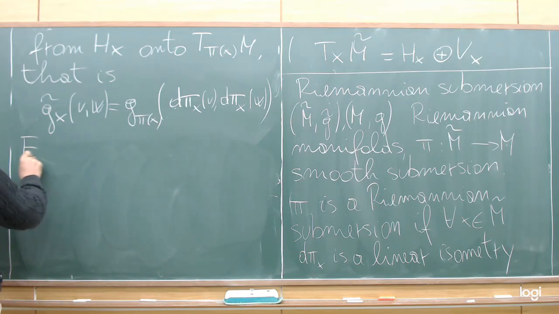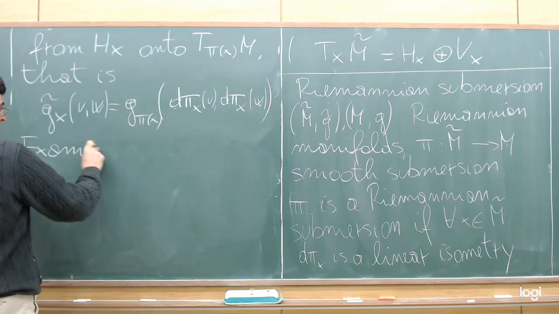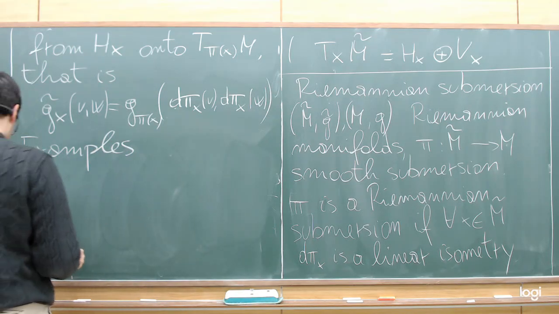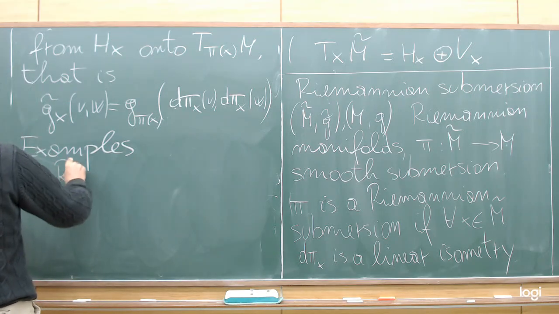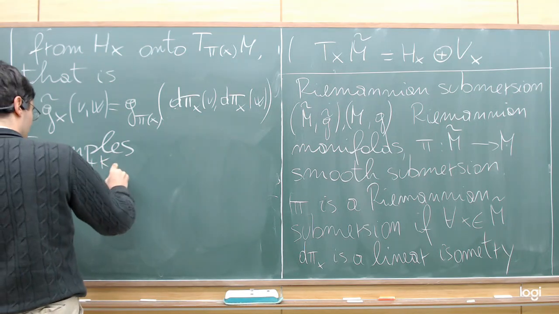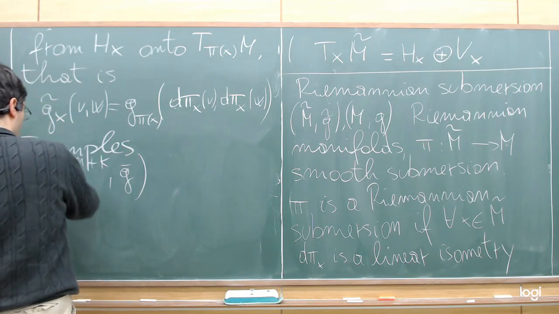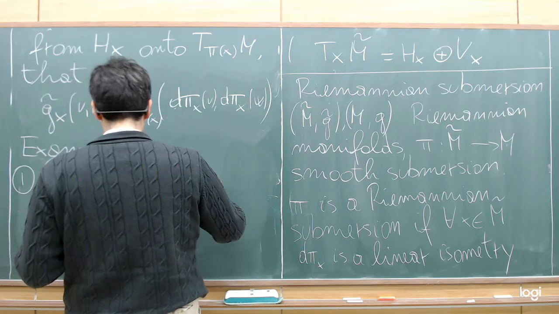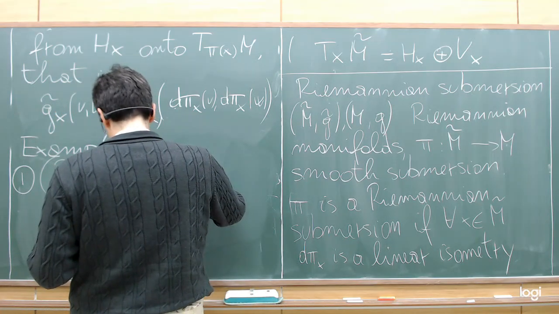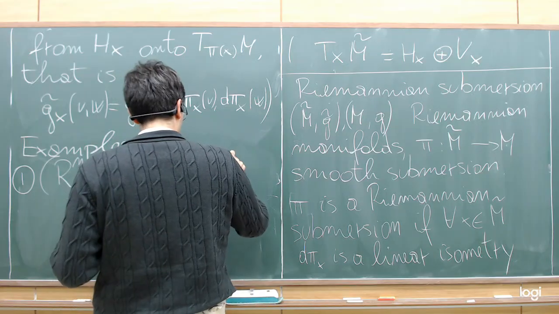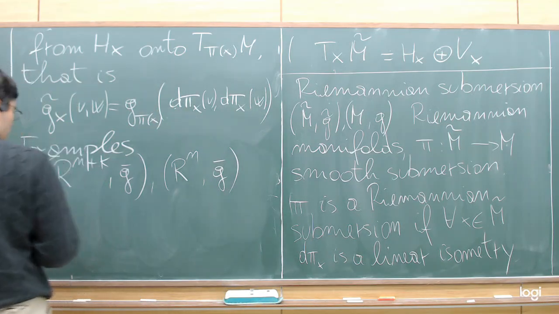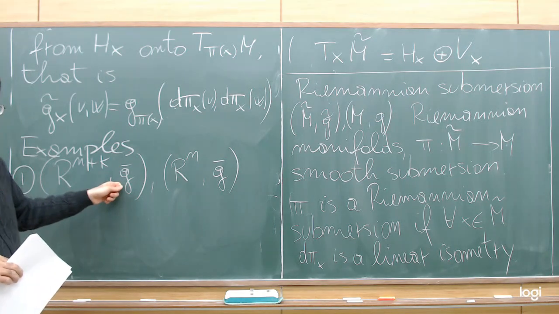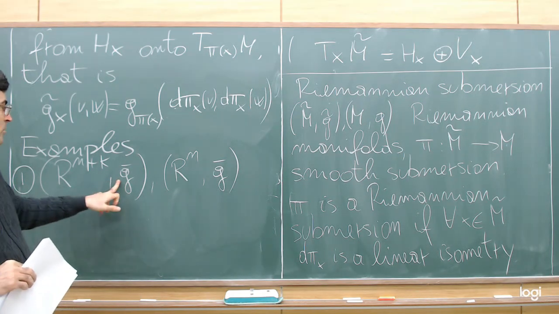The following examples. 1. Take R^(n+k) and R^n, and G bar denotes the Euclidean metric.